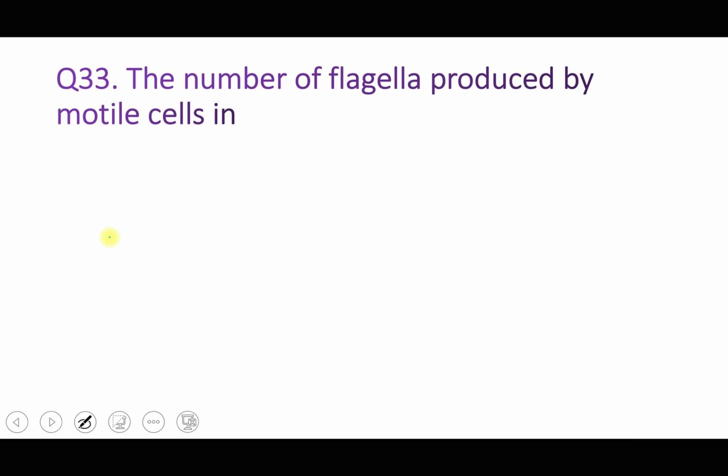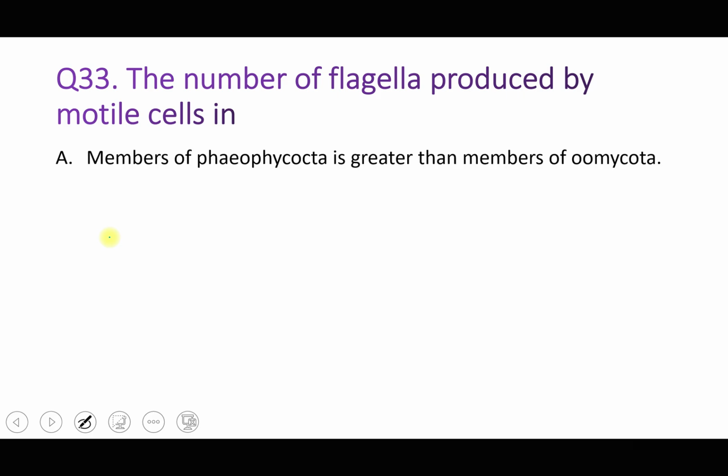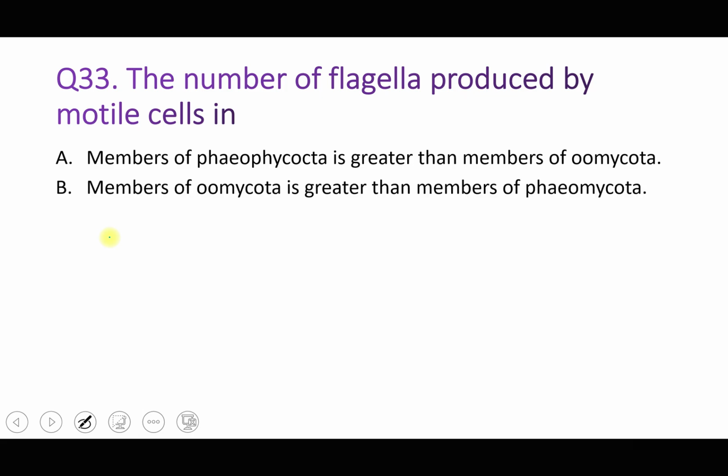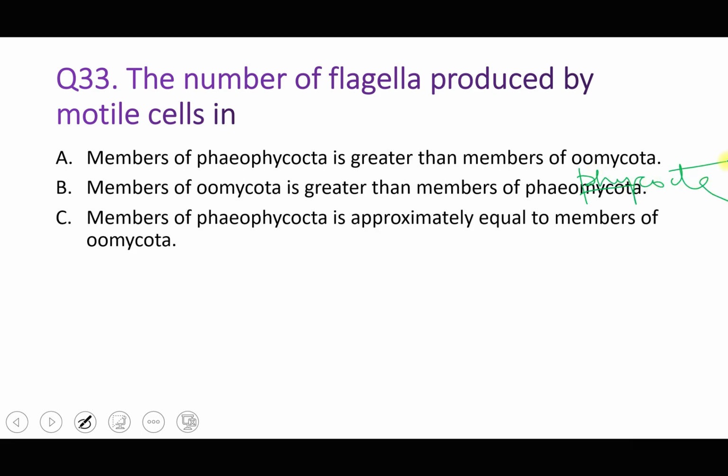Question number 33. The number of flagella produced by motile cells in: A, members of Phaeophycota is greater than the members of Oomycota; B, members of Oomycota is greater than the members of Phaeophycota; C, members of Phaeophycota is approximately equal to members of Oomycota; D, none of the above.